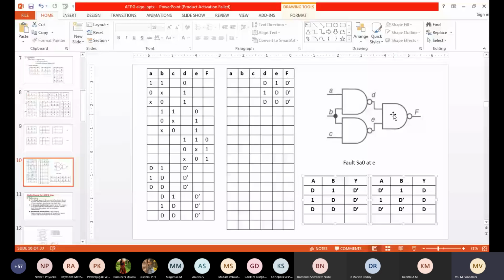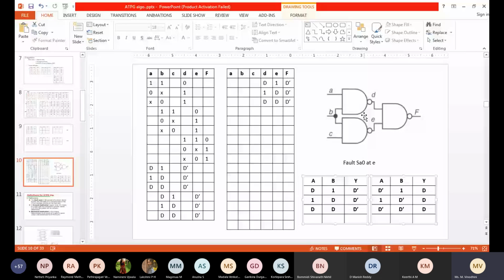The last step is the primitive D cube of failure, which we call PDF. Let me explain it now. When we want to do the primitive D cube of failure, we should use the concept of activating the fault, propagating the fault, and line justification, the three things we discussed in the path sensitization method.